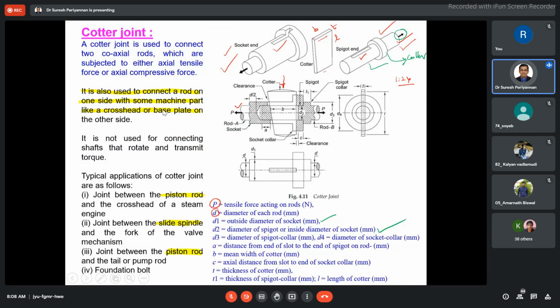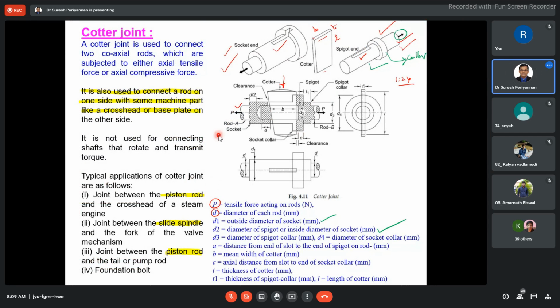This is a typical application. Earlier we discussed, based on tensile force, how to define the diameter of the rod, the spigot side diameter and the socket side diameter of the rods. We also discussed how shearing stress is involved in the cotter.